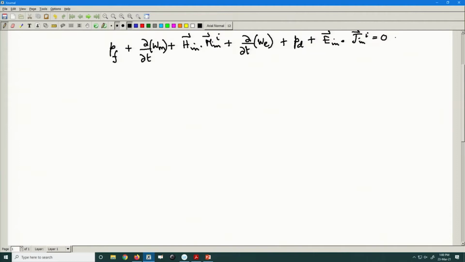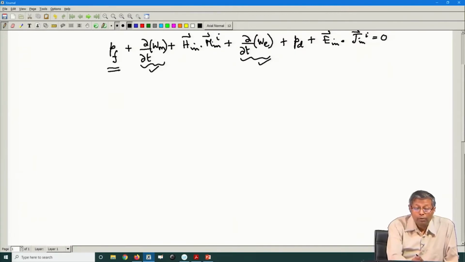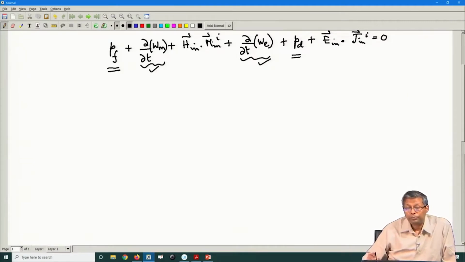We saw the expressions of the stored energy, which are the electric stored energy, del by del t of W e. So, the time rate of change of the electric stored energy, the time rate of change of the magnetic stored energy, and the power flow and the power dissipated terms.